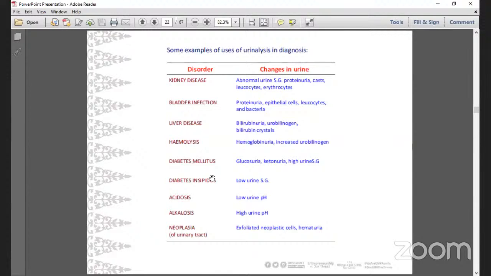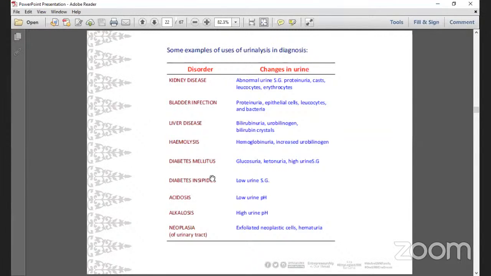We might observe presence of bilirubin and urobilinogen. And in case of hemolysis, the blood parasites Babesia bovis and Babesia canis, we can check for the presence of hemoglobin in the urine and also urobilinogen.